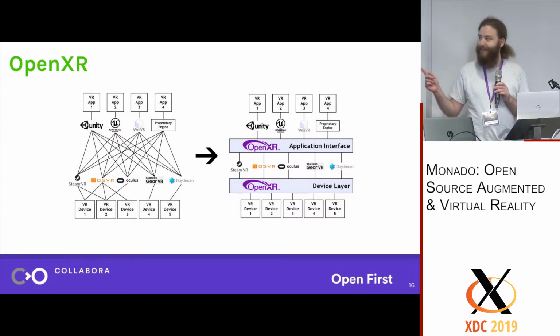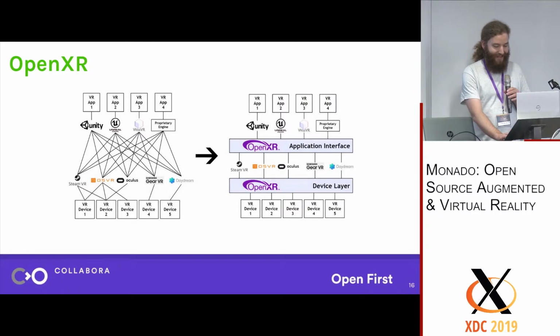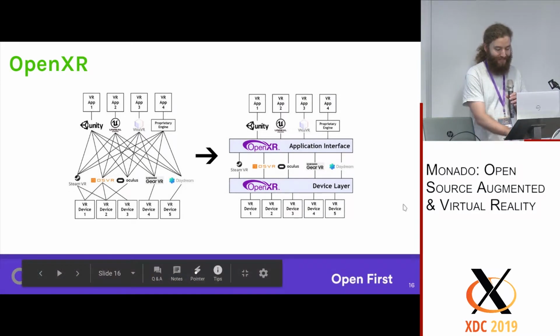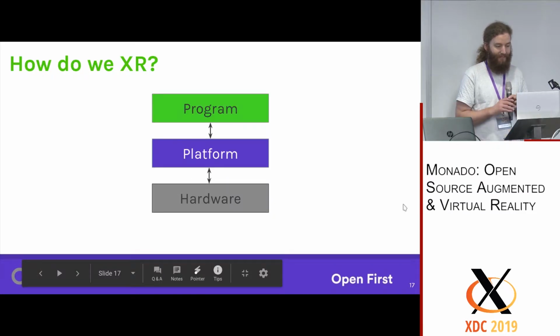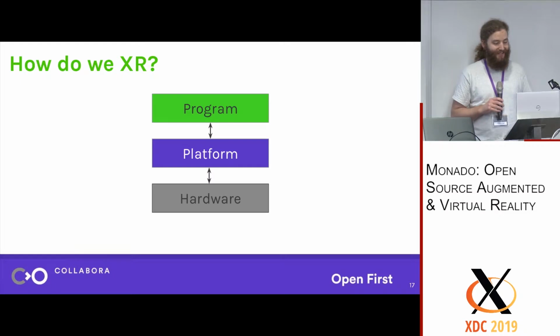The device layer that is currently on the bottom here will be implemented in later specifications. It is not in 1.0. That's slightly misleading, but yeah, it will be there in the future. So that's what I was mentioning.